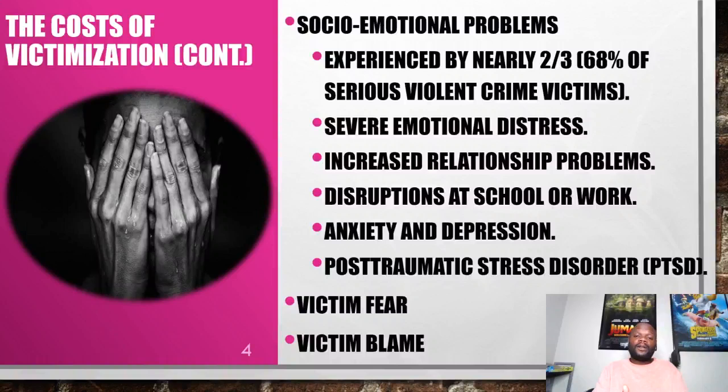But if they experience their car breaking down in the middle of the night and a person robbed them or assaulted them or attacked them on that route to the store, there will be a significant level of victim fear. So fear and blame are two things that generally will happen as a key social emotional problem.